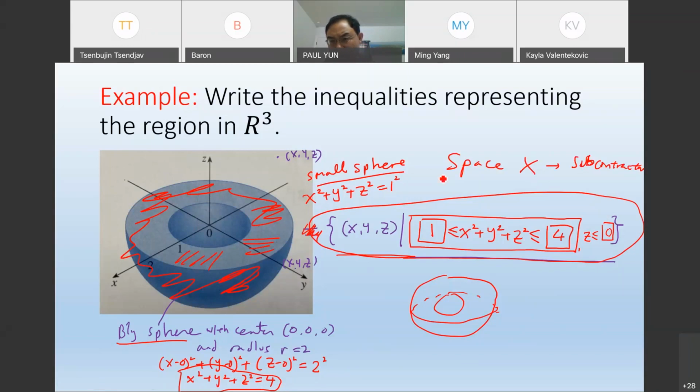SpaceX will specify, okay, why don't you design this one? And then the subcontractor will put this into a machine. Now the machines are all computerized. The machine will carve out this shape. Make sense? That's how things work.